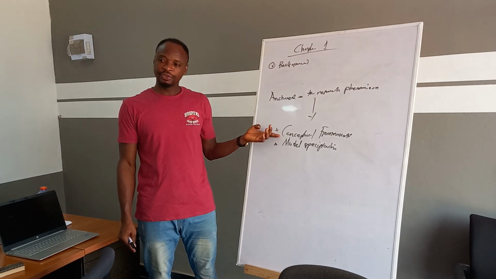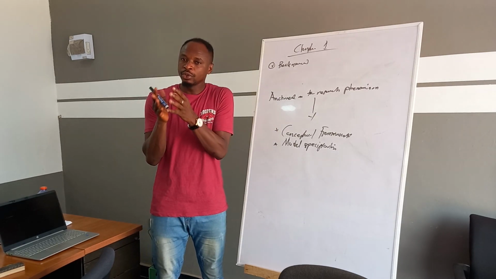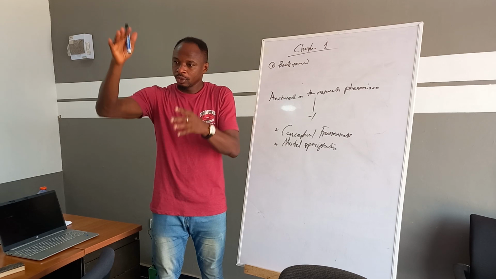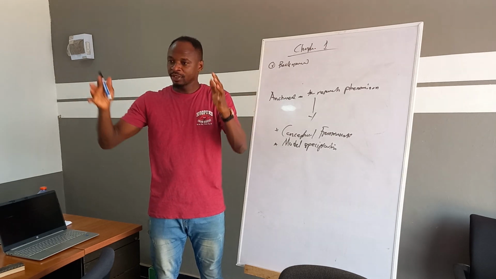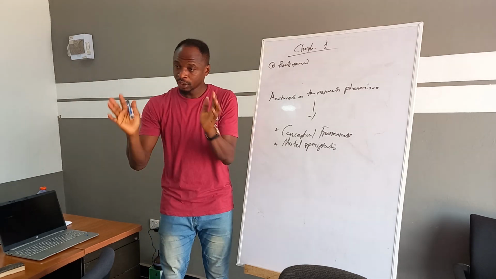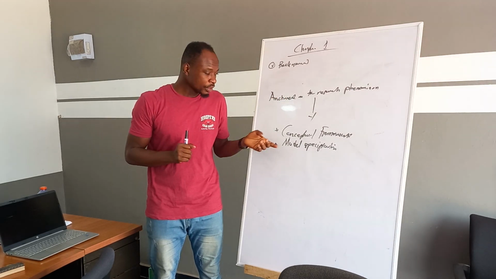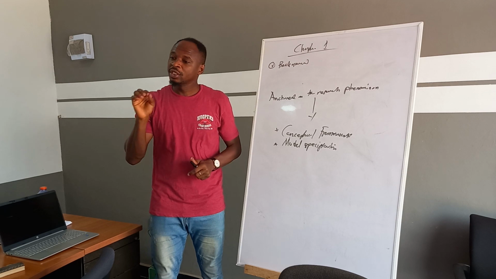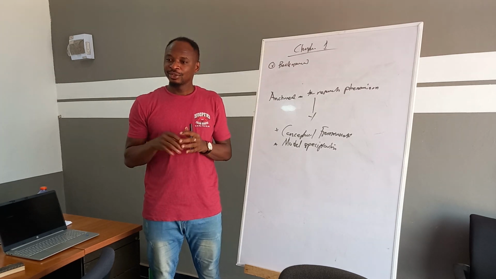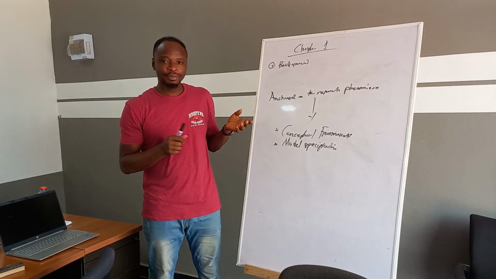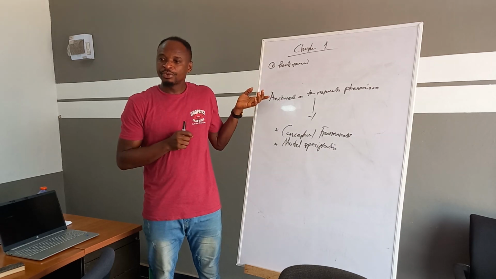If you use conceptual framework, it means that you are using pictorial views to talk about the interrelationship existing among the variables you want to address under the research phenomenon. If you are using model specification, you are using mathematical formulas to still illustrate the relationship that is existing between your variables.